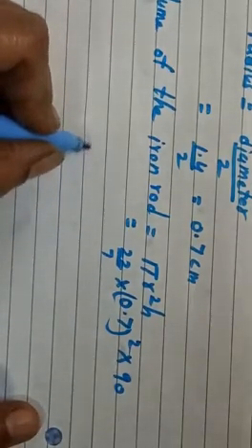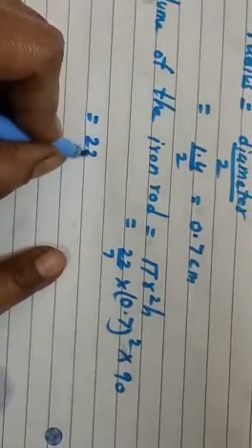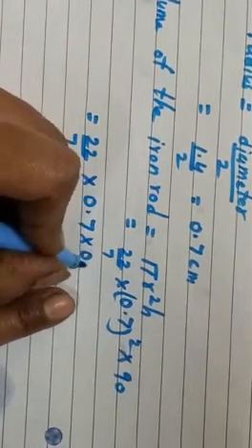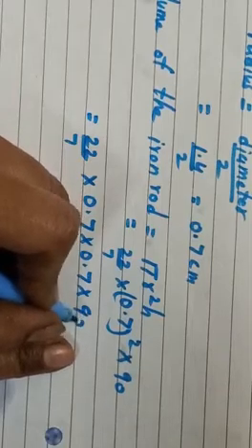So this is equal to 22 upon 7 into 0.7 into 0.7 into 90.